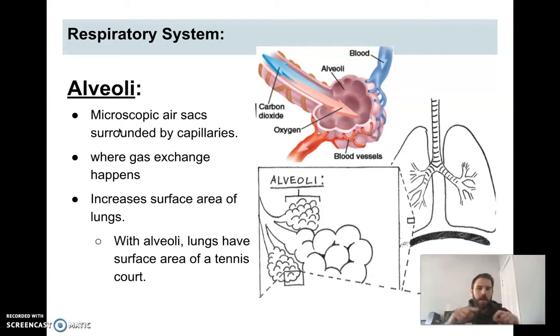And so by having these tiny sacs, we're increasing the amount of surface where oxygen could go in and carbon dioxide could go out. Without that, there just wouldn't be enough surface area for that gas exchange to occur. With alveoli, lungs have a surface area of a tennis court. So the surface available for gas exchange is the size of a tennis court in your lungs.